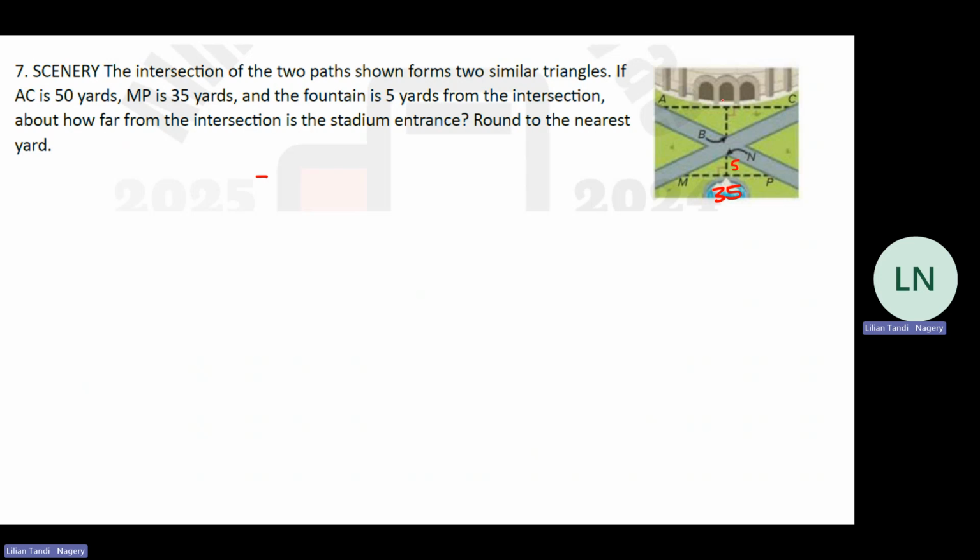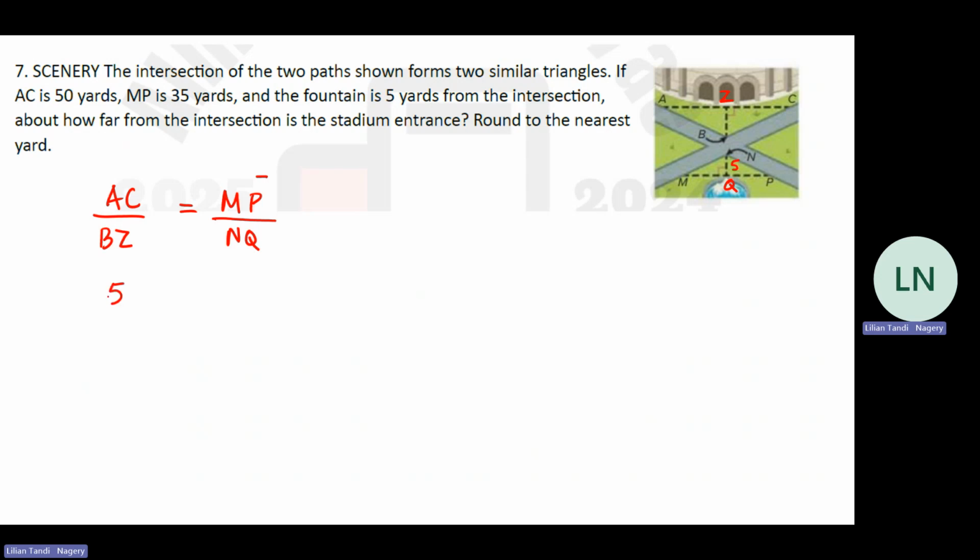Let's call this Z and this Q. So we can say AC over BZ equals MP over NQ.